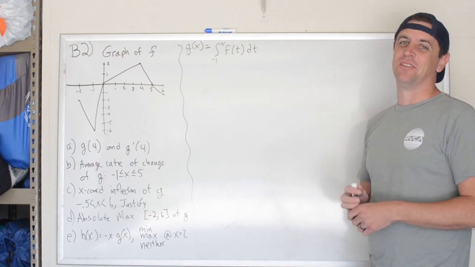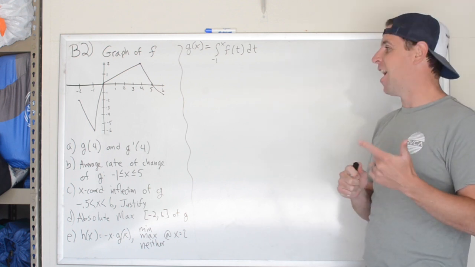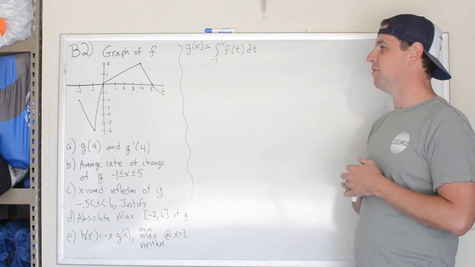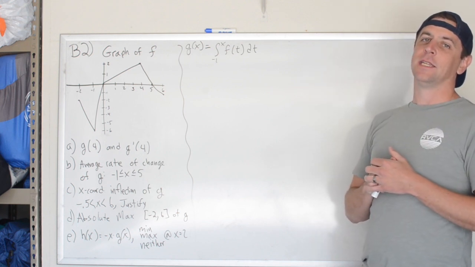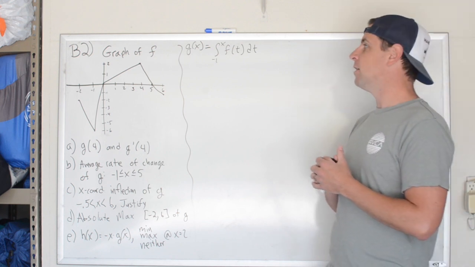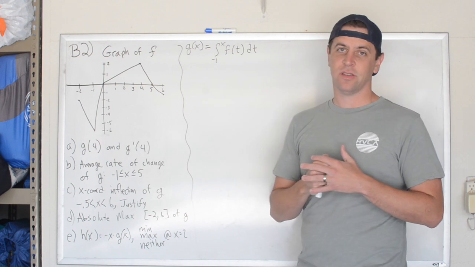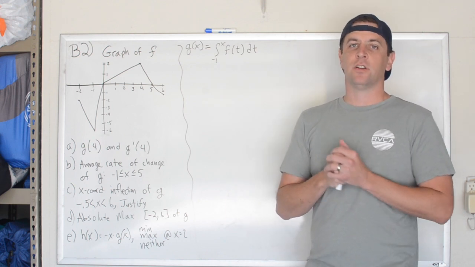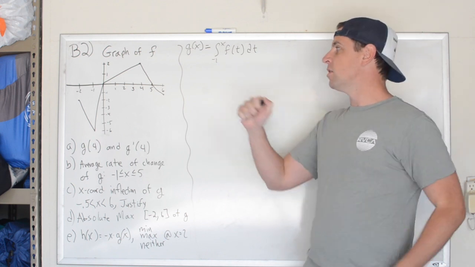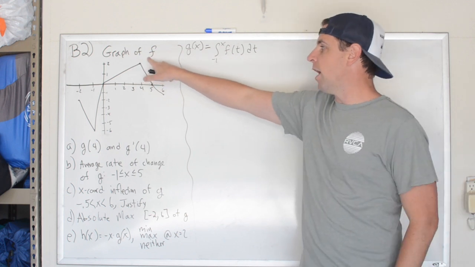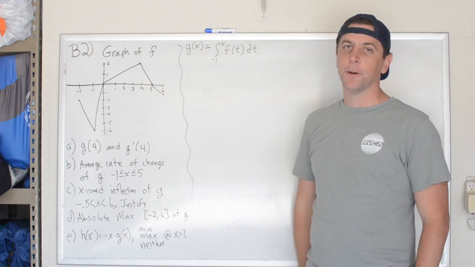All right, so here we go. Enough of the jokes. Let's do some math. I'm excited to rock it with you guys. So the problem we got today, B2, is a function analysis type problem. They've given us the graph of f, being this graph here.